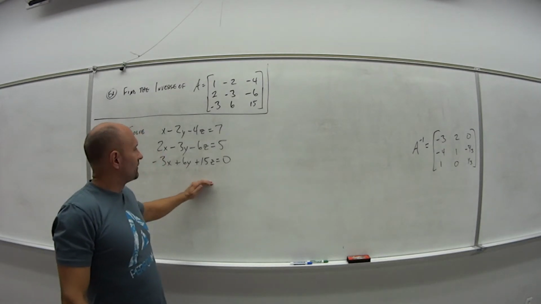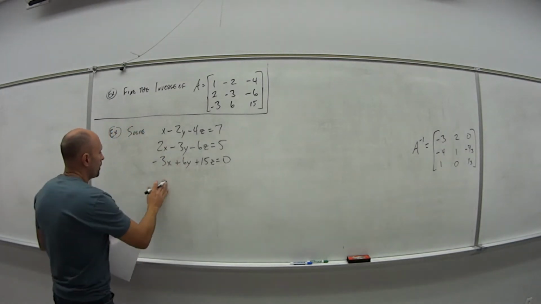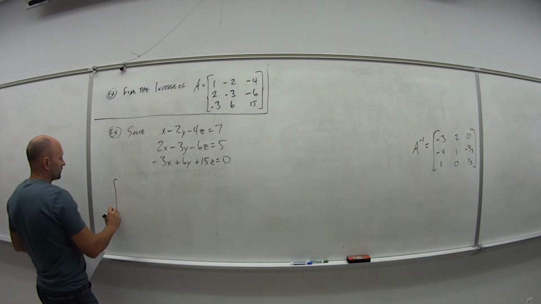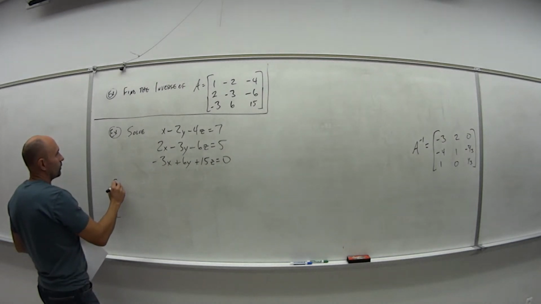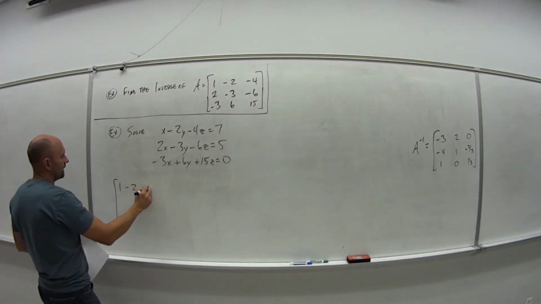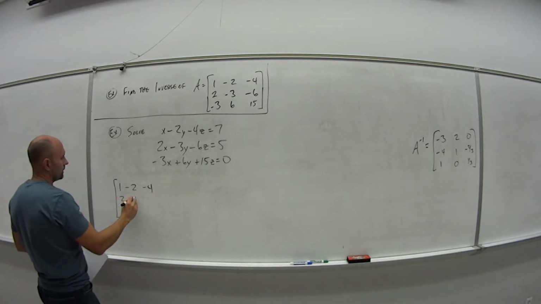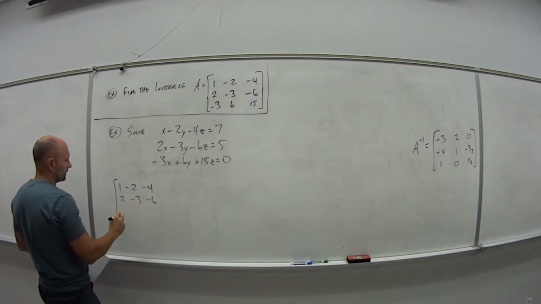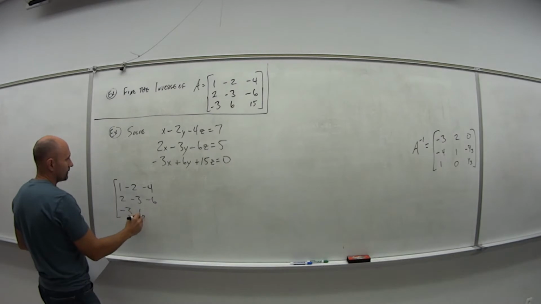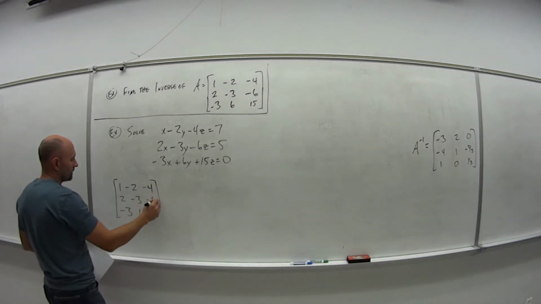If I look at this example, I can rewrite this as a matrix with the coefficients: 1, negative 2, negative 4, 2, negative 3, negative 6, negative 3, 6, 15.